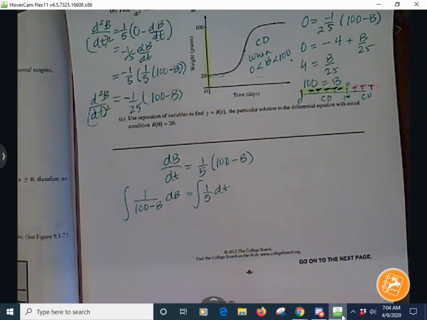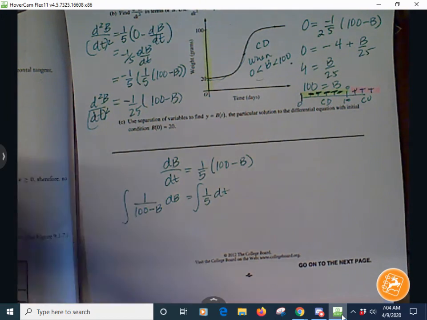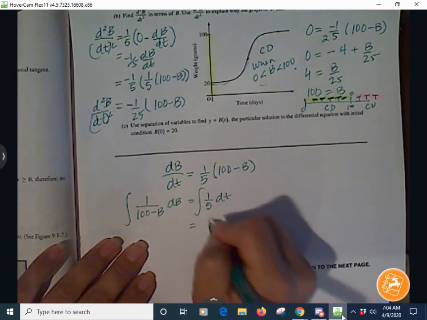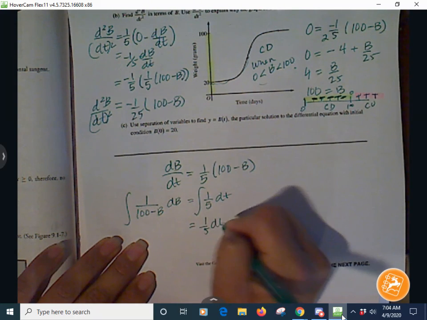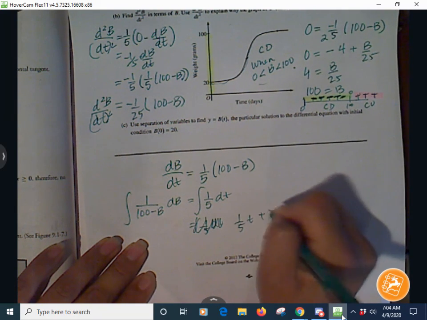And so when you do that, on the right-hand side, this is 1/5 t plus c.